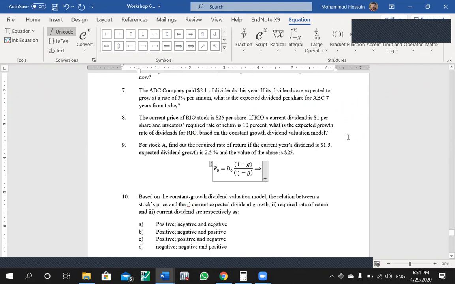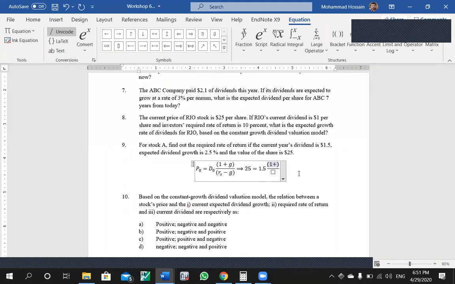So P0, my 25, is equal to my D0, the current year dividend, which is 1.5. We write down 1.5. And the fraction here should be 1 plus the growth rate.